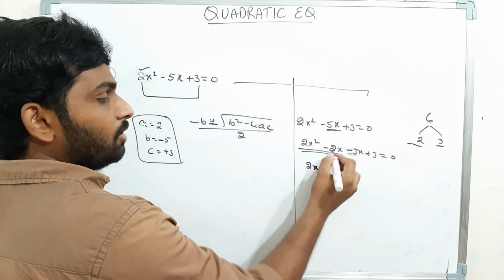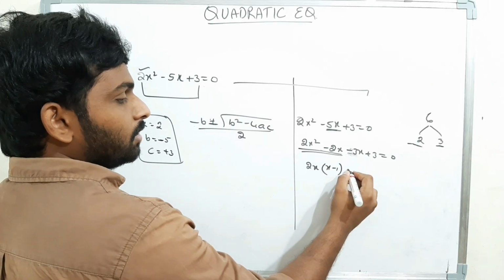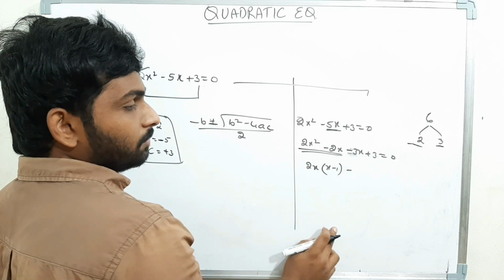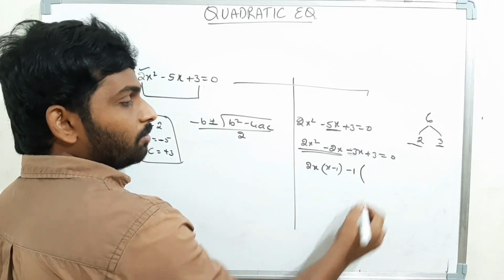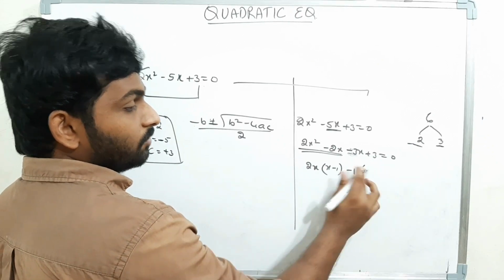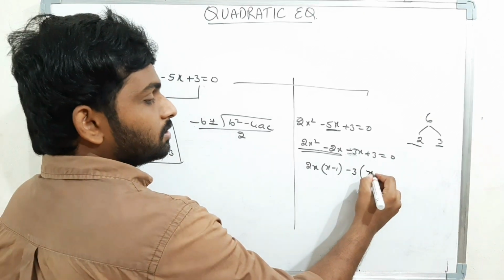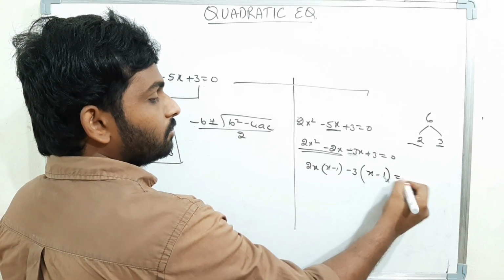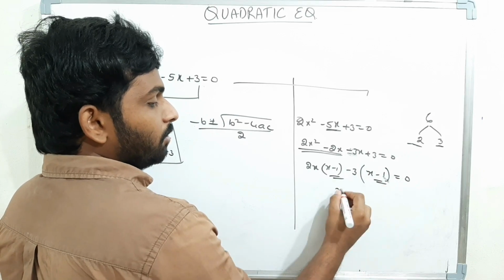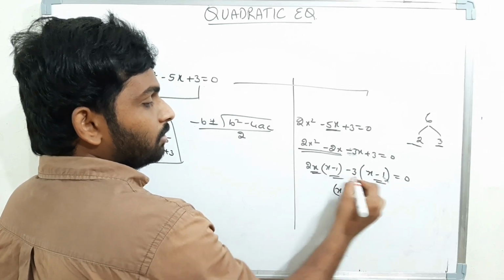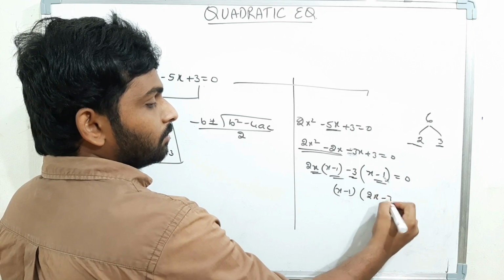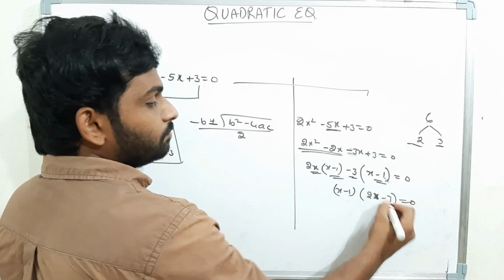If I take 2x common, what will I get? x minus 1. Now in the last two terms, I should take minus 3 common. What will I get? x minus 1 equal to 0. If I take x minus 1 common, x minus 1 into 2x minus 3 is equal to 0.